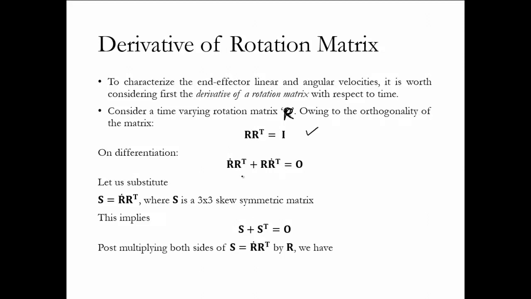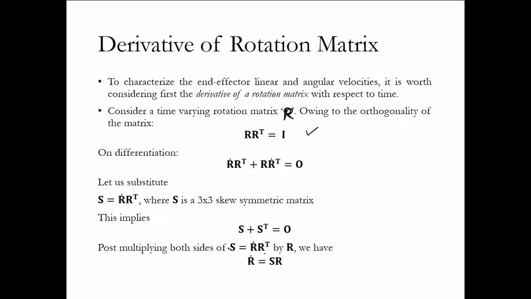Which implies if we post multiply both sides of S, that is R dot R transpose, by R, we'll get R dot is equal to S R. Since R transpose R is equal to identity, this will become R dot.